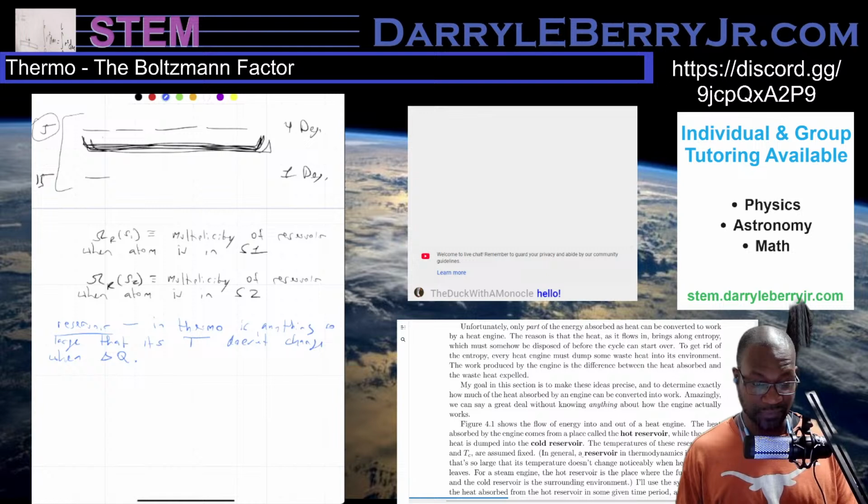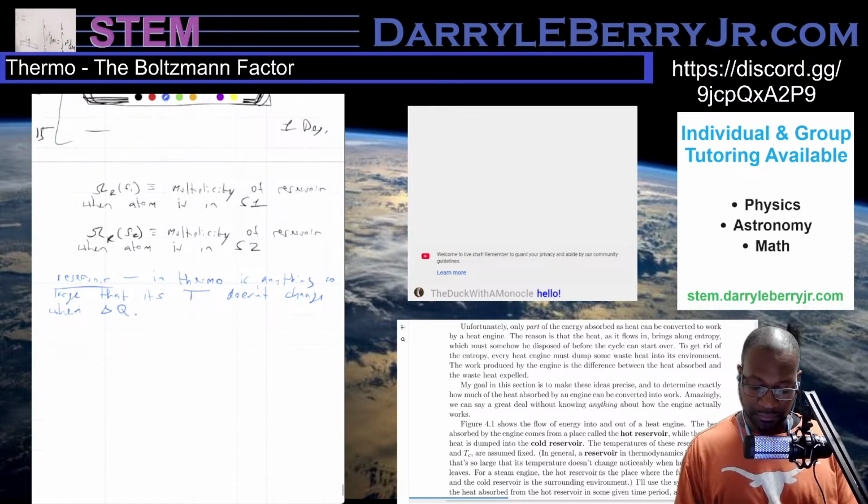And heat is basically energy. For a steam engine, the hot reservoir is a place where the fuel is burned and the cold reservoir is the surrounding environment.